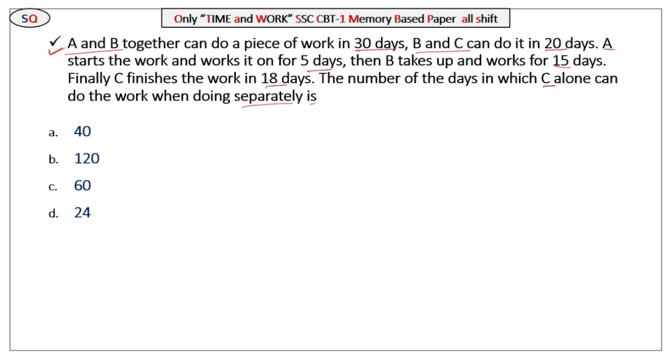So we have to find the total work. To find the total work, we have to take the LCM first. A plus B can do it in 30 days. B plus C can do it in 20 days. So take the LCM.